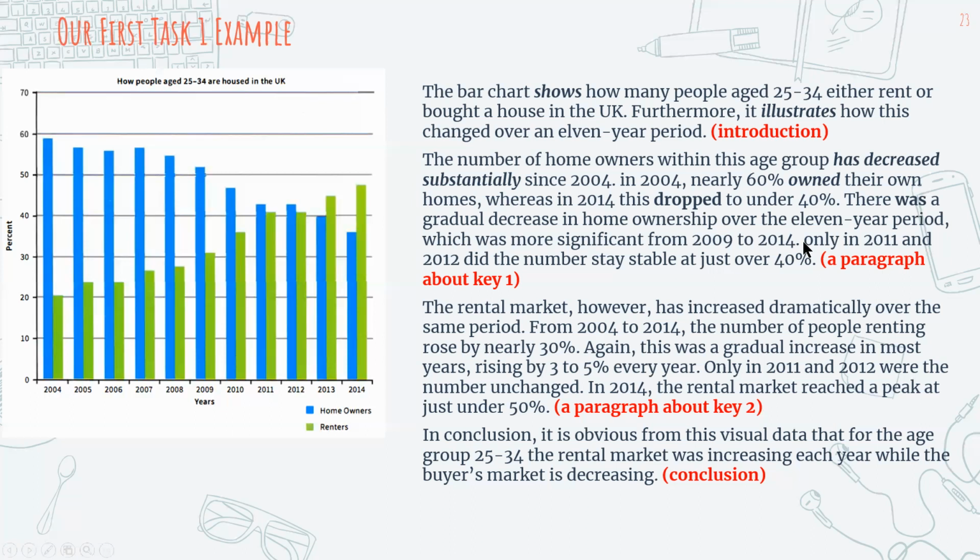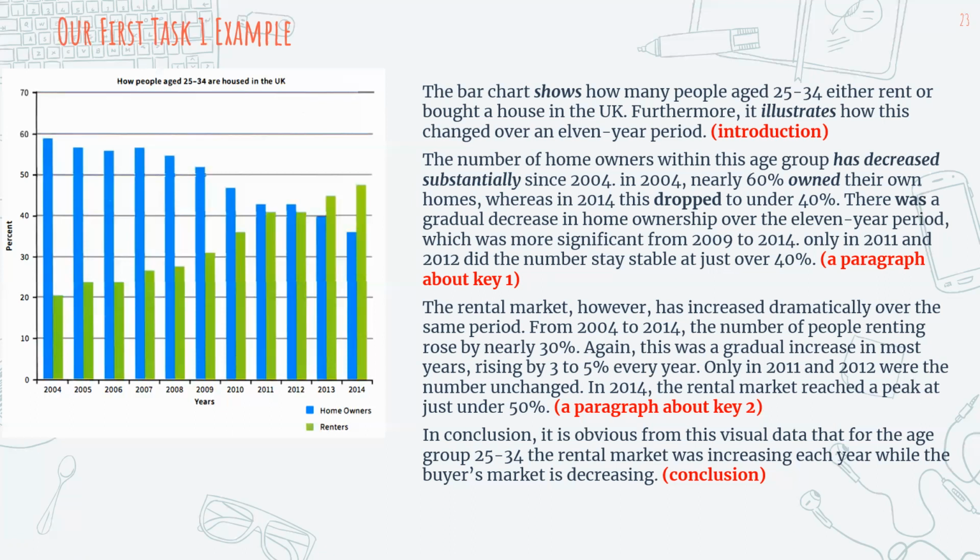So I started the sentence with "only in 2011 and 2012 did the number." As you know, we start the sentence with the subject, then the verb. But I started with "only," so I used something called inversion. It's like in a question. When you write a question, you start with the verb, then the subject.